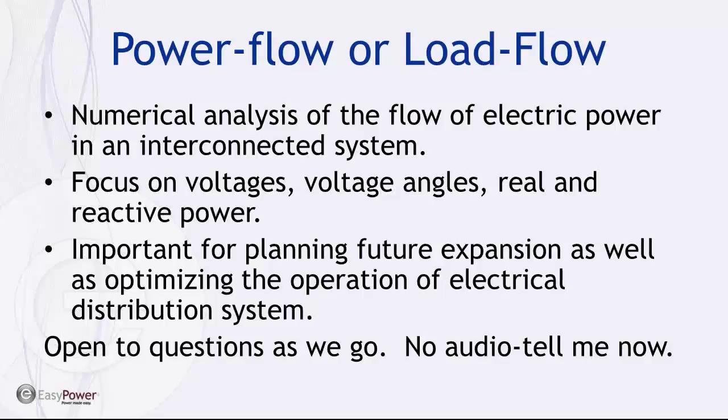It focuses on voltage angles, real and reactive power, and it can be extremely valuable in planning for future expansion as well as optimizing the operation of the system today. And what we're going to be doing is going through a few examples of that.